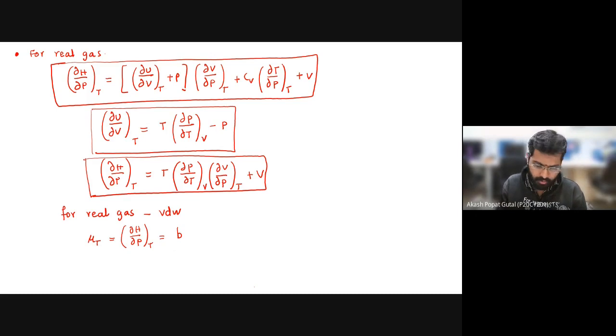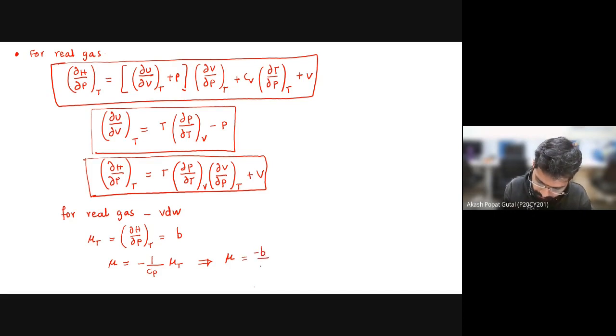And we know the Joule-Thomson coefficient is equal to minus 1 by Cp into mu T, which directly gives us that the Joule-Thomson coefficient for a real gas which follows the van der Waals equation is nothing but minus B by Cp.